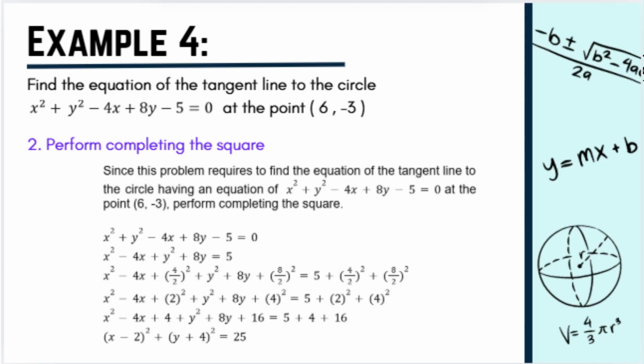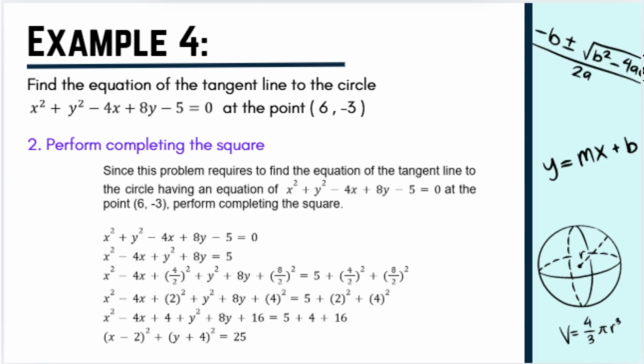Now we will go to the completing the square. That is x squared minus 4x plus (4 over 2) squared plus y squared plus 8y plus (8 over 2) squared is equal to 5 plus (4 over 2) squared plus (8 over 2) squared. Now we will solve the 4 over 2 and 8 over 2.